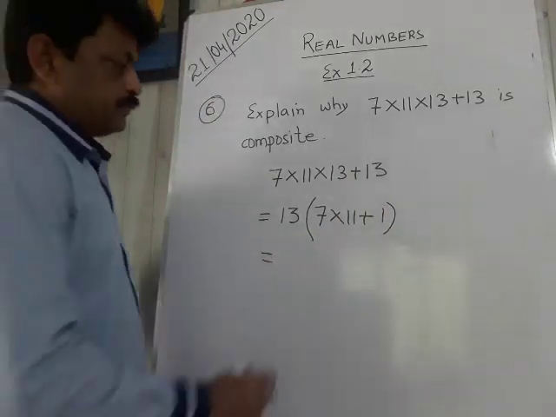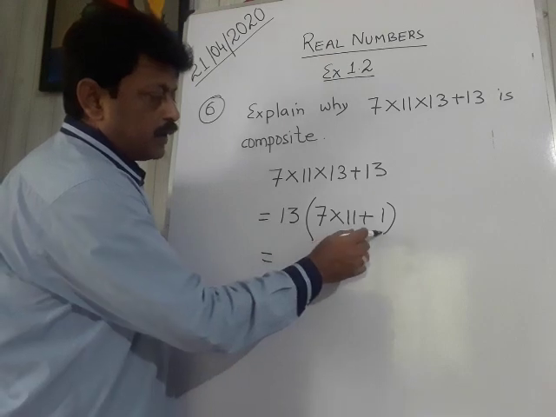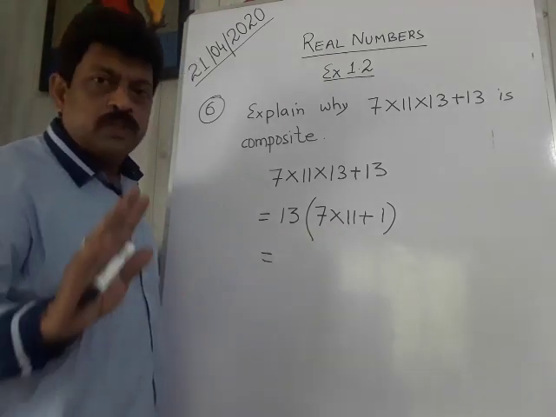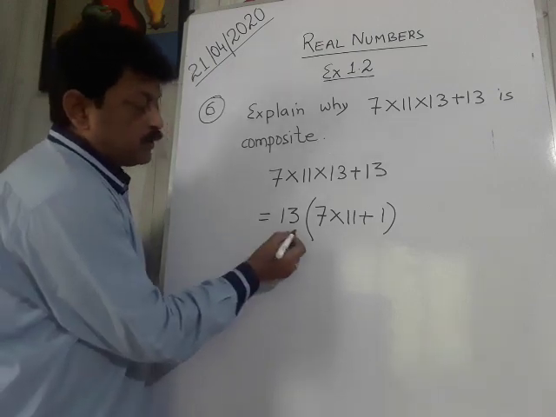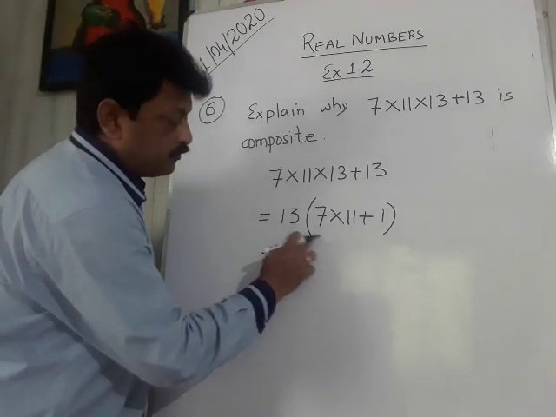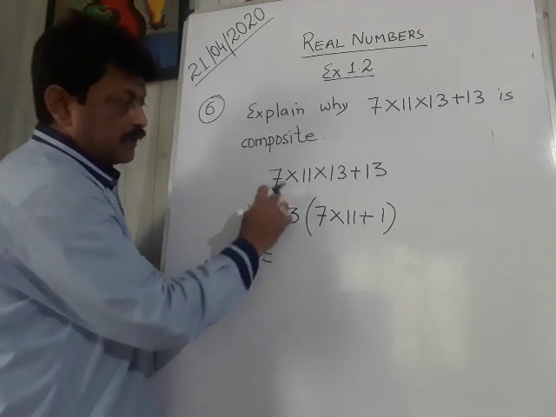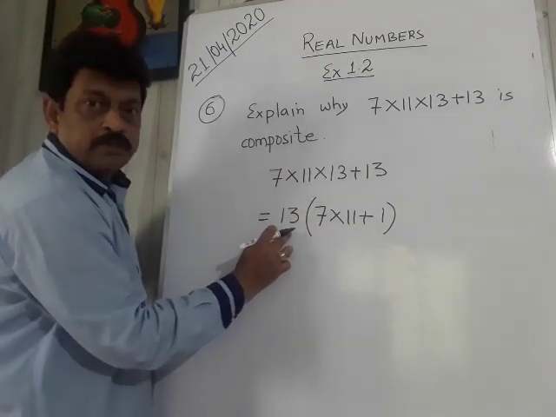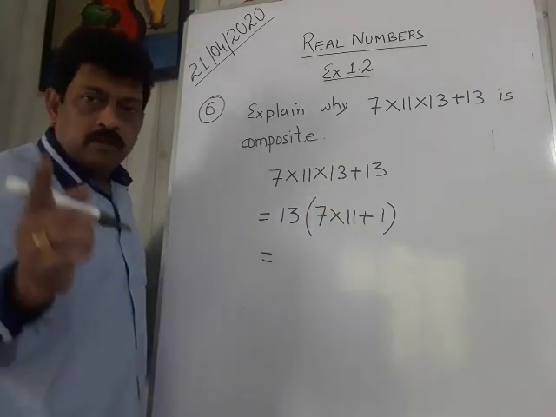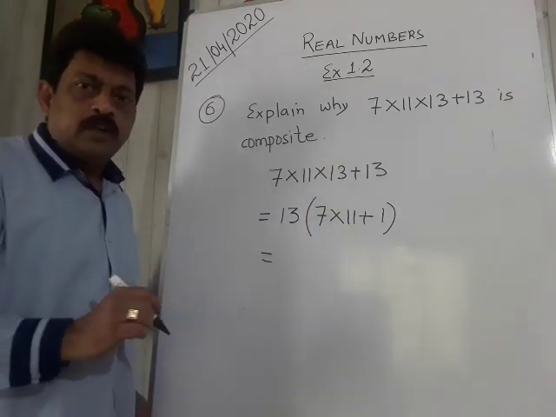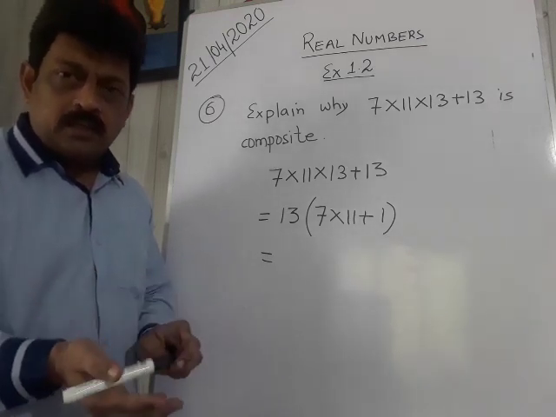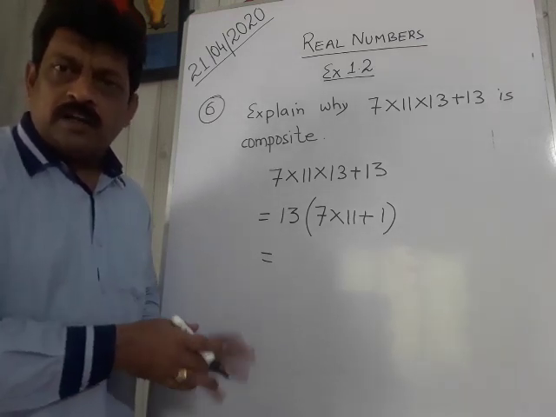Now see, whatever answer is coming in the bracket, we don't have to bother about that, just bother about the number outside the bracket. This means that the given number is a multiple of 13, that is, 13 divides this number. According to the definition of a composite number, it is a number which is divisible by any number other than 1 and itself.